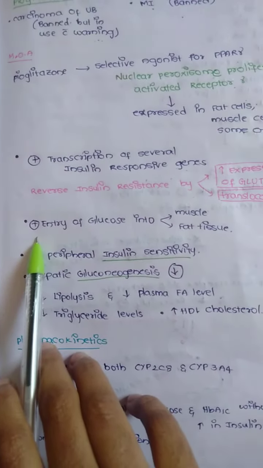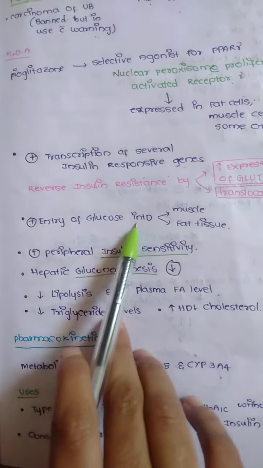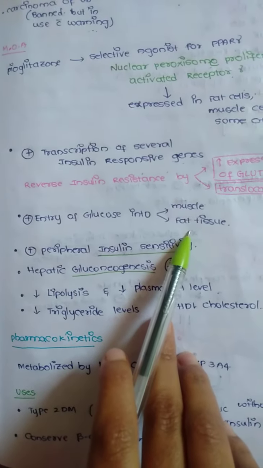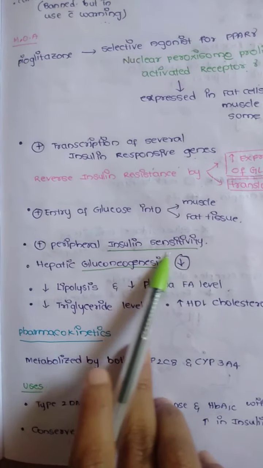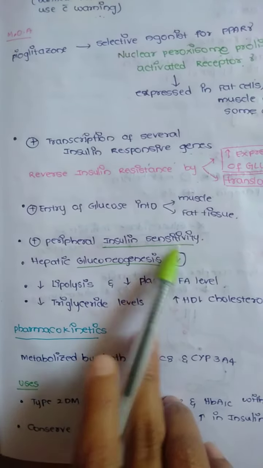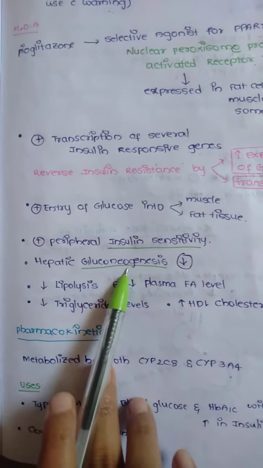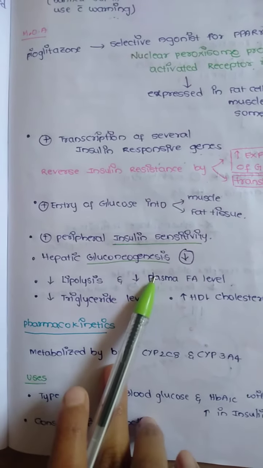The other action is that it increases the entry of glucose into muscle and fat tissue. It also increases the peripheral insulin sensitivity, and decreases hepatic gluconeogenesis.